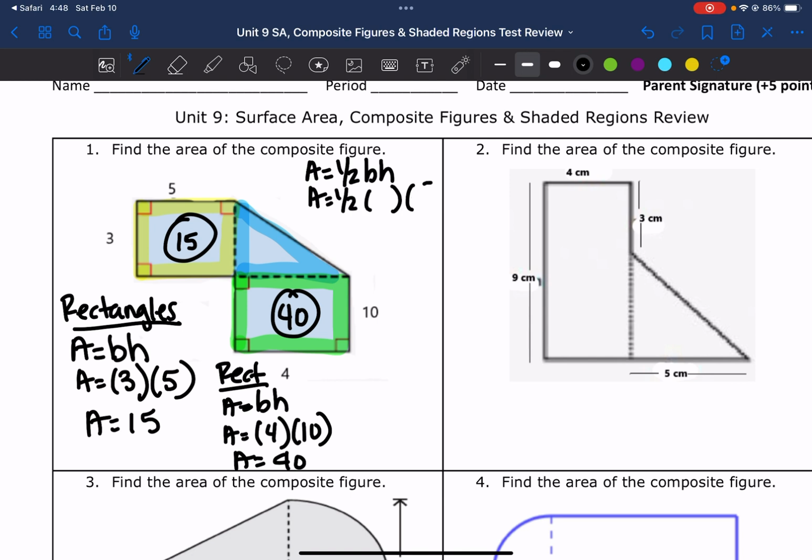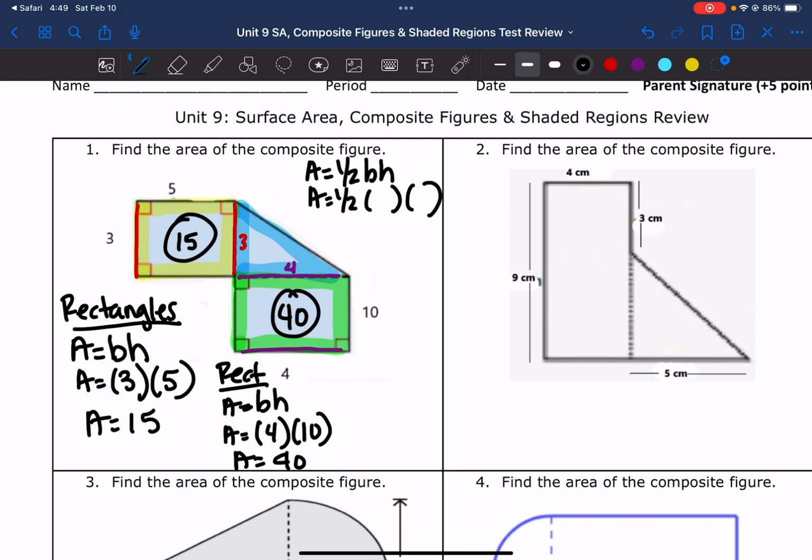Okay, now here's where you have to go back and look at the lengths of the rectangles to figure out what the length is going to be for the triangle. Okay, so if this is 4, this is also going to be 4. And if this is 3, this is also going to be 3.